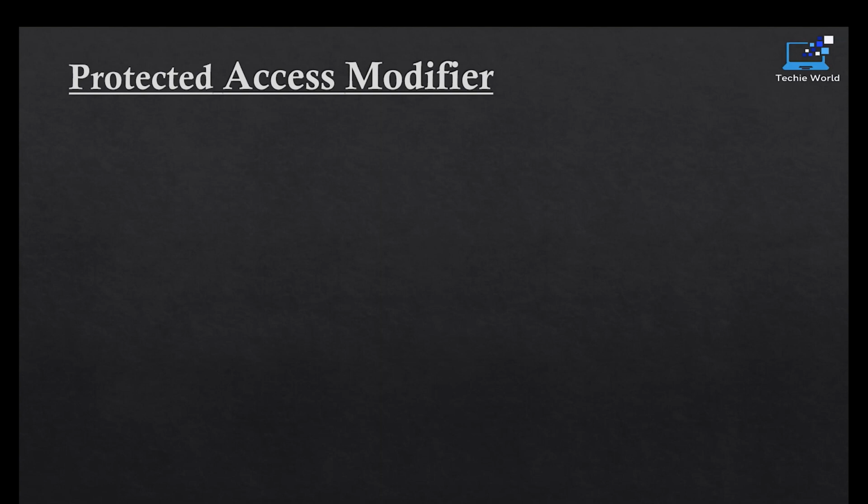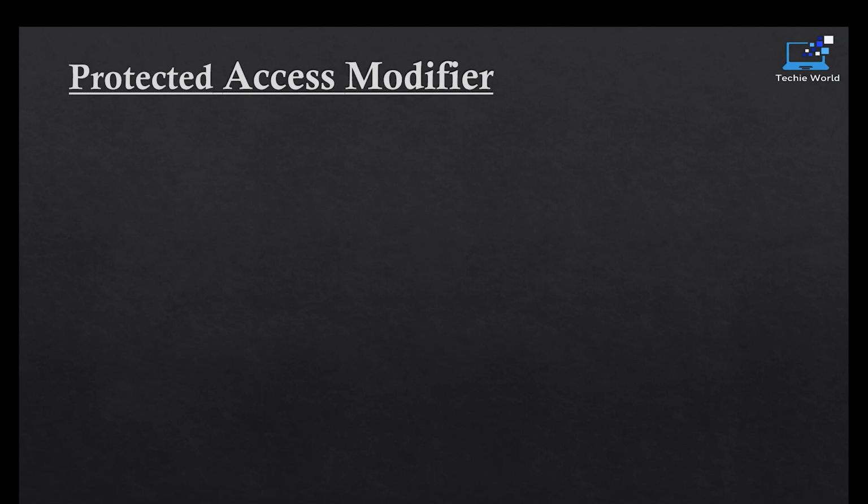So if you make a class member protected, it can be accessed from the same class, from the different classes available in the same package, and by the subclasses which are available in a different package also. The protected member doesn't have visibility in a different package in general, but if that package contains a class which is a subclass of the particular class, then that protected member can be accessed there.